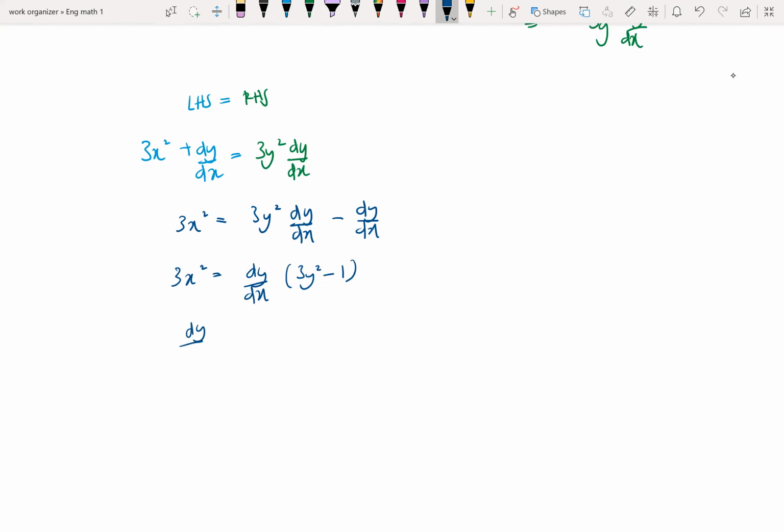So dy over dx is equal to 3x squared over 3y squared minus 1.